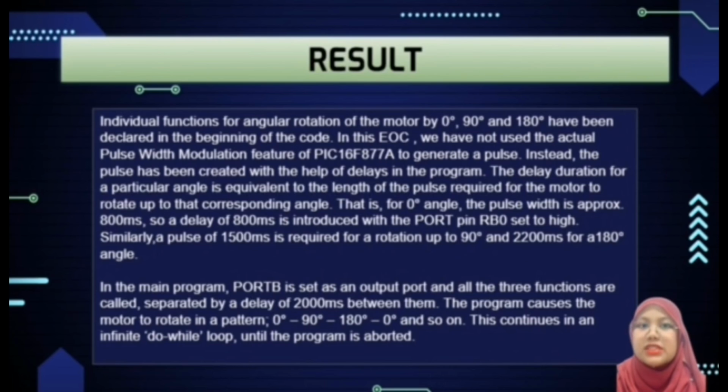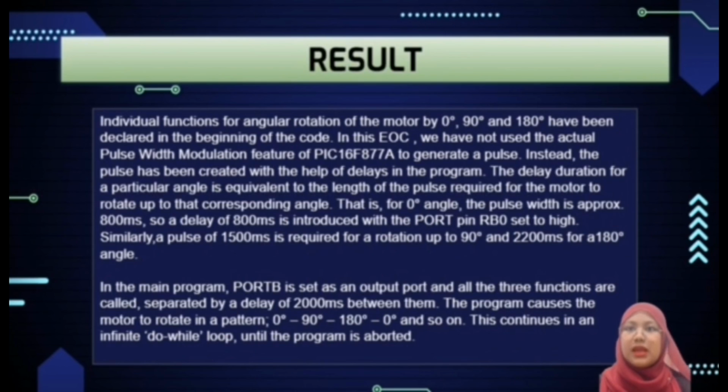That is, for a 0 degree angle, the pulse width is approximately 800 µs, so a delay of 800 µs is introduced with the port pin RB0 set to high. Similarly, a pulse of 1500 µs is required for a rotation up to 90 degrees and 2200 µs for a 180 degree angle.